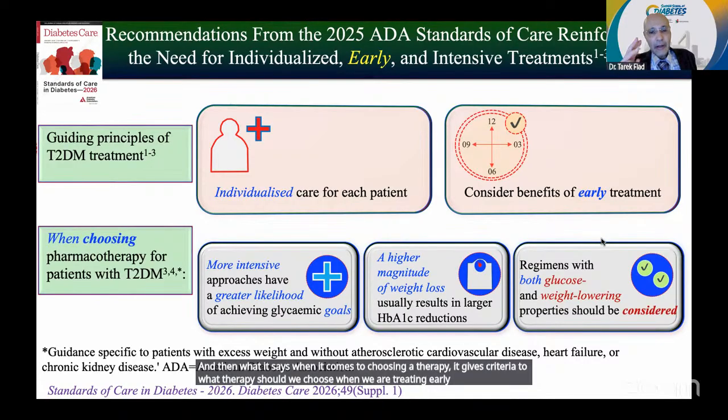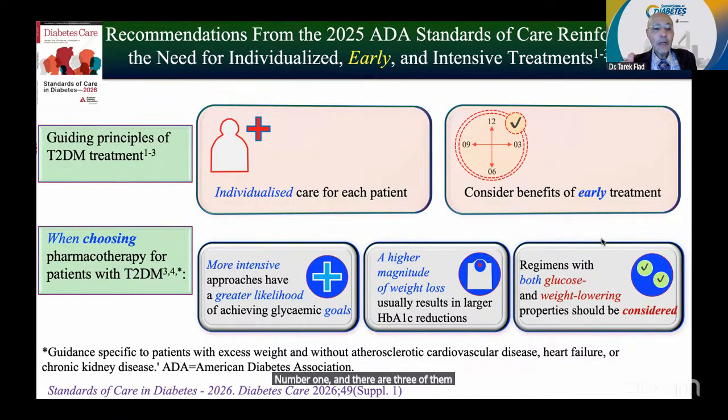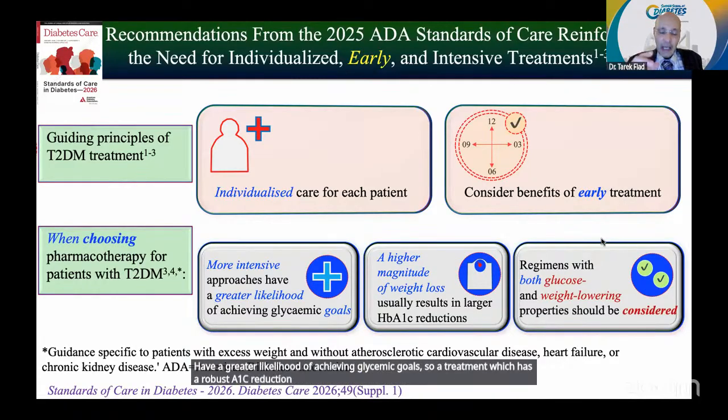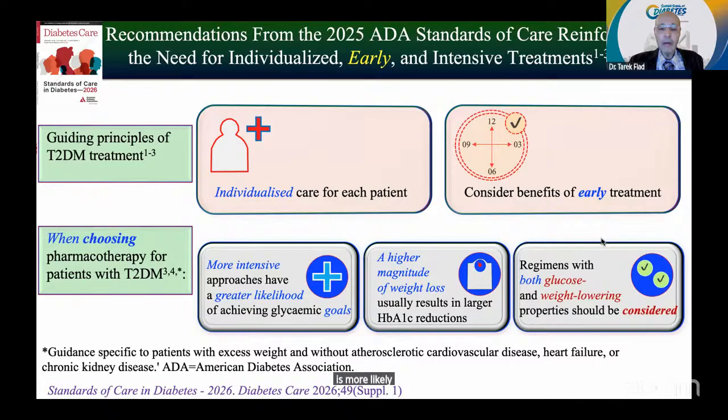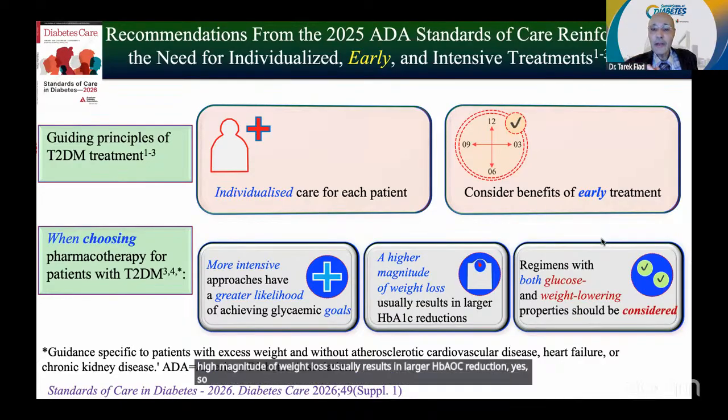Number one, and there are three of them. Number one, a more intensive approach has a greater likelihood of achieving glycemic goals. So a treatment which has a robust A1C reduction is more likely to get you to goal. Common sense. Number two, a high magnitude of weight loss usually results in a larger HbA1c reduction. Yes, so losing weight is very important.